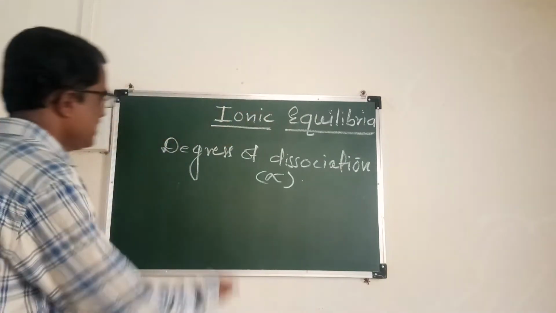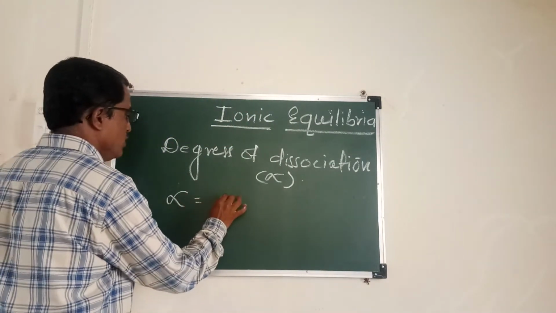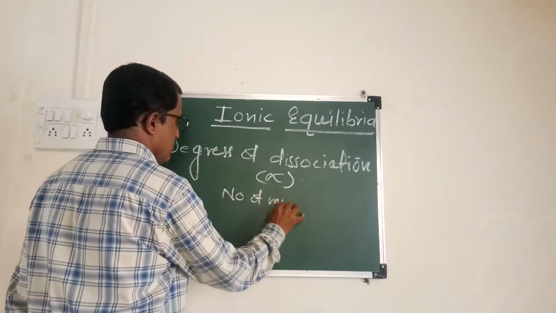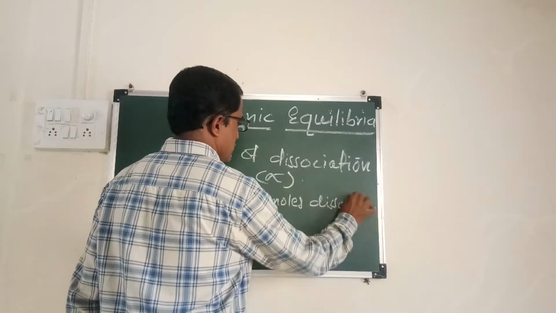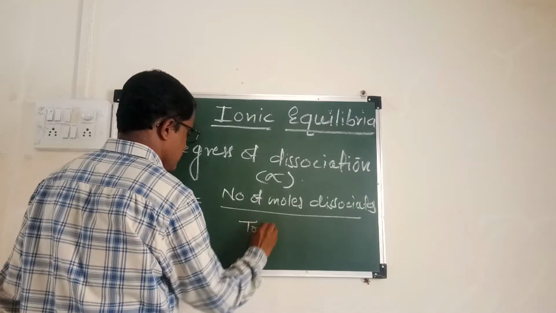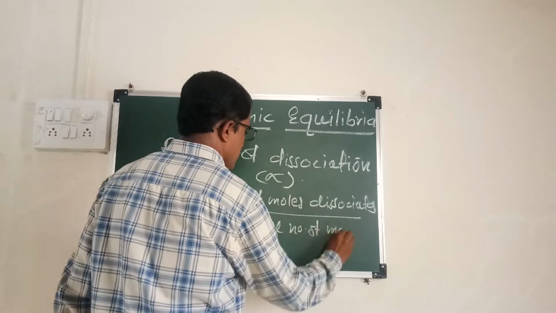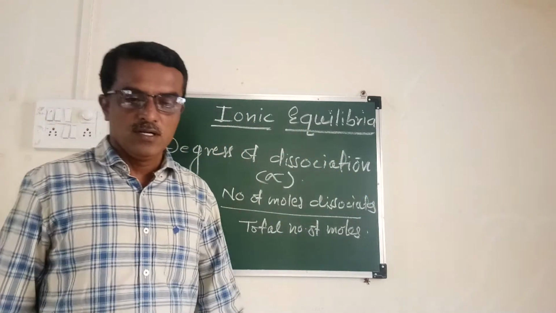Mathematically, alpha, the degree of dissociation, is equal to the number of moles dissociated divided by the total number of moles.